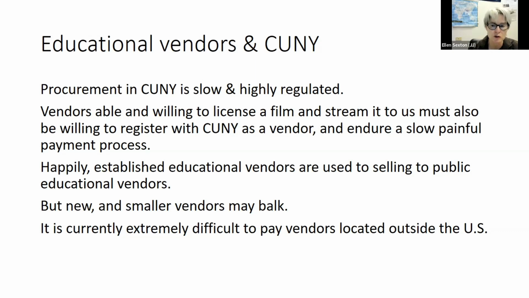They have to be willing to sign up with CUNY to be paid. It can be quite challenging. We have discovered over the last couple of years, it's almost impossible to pay vendors now that are located outside the US. We have a credit card that helps a little bit, but it's still kind of difficult.